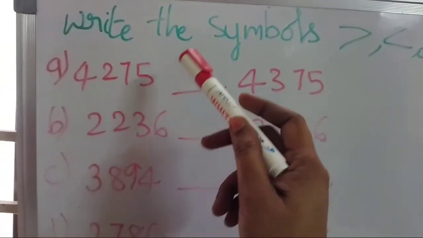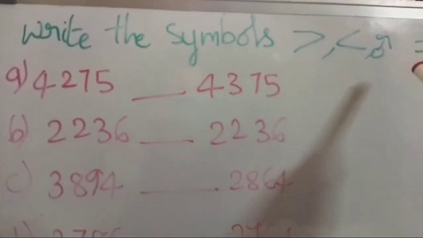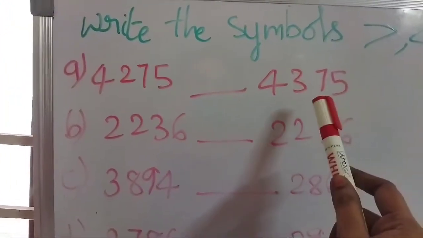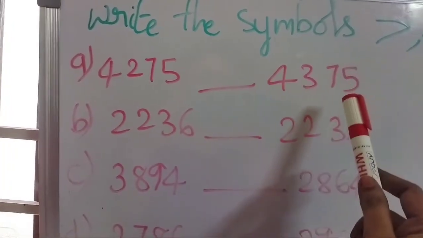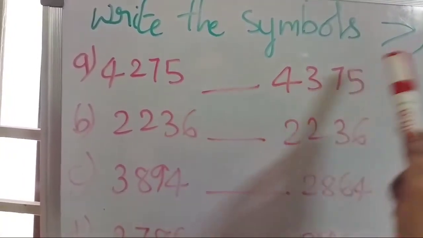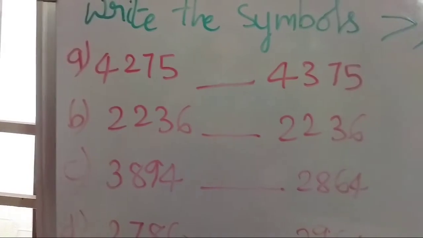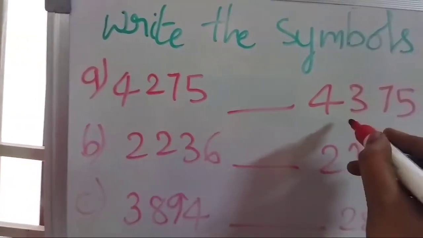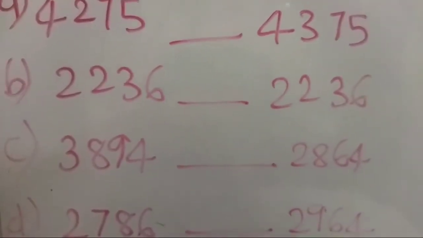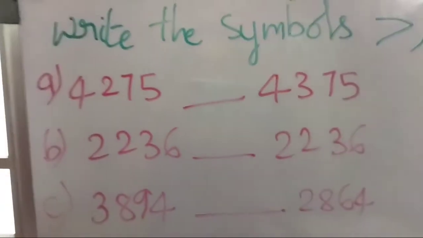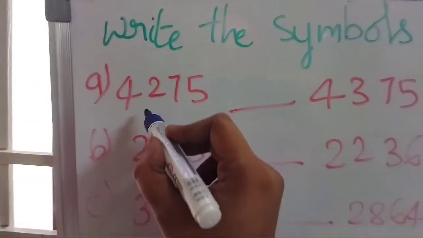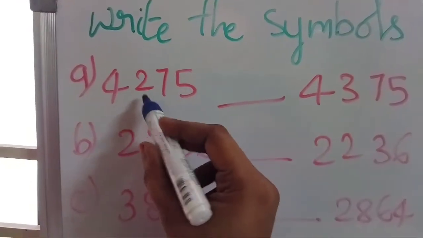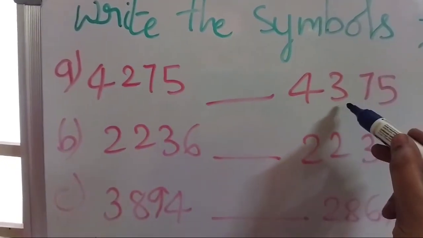Compare the following numbers. Write the symbols greater than, less than, or equal to. See these two numbers. Compare the two numbers. Which symbol goes in the middle? Both numbers have the same thousands place, 4. So we go to hundreds place. One is 2, the second one is 3.